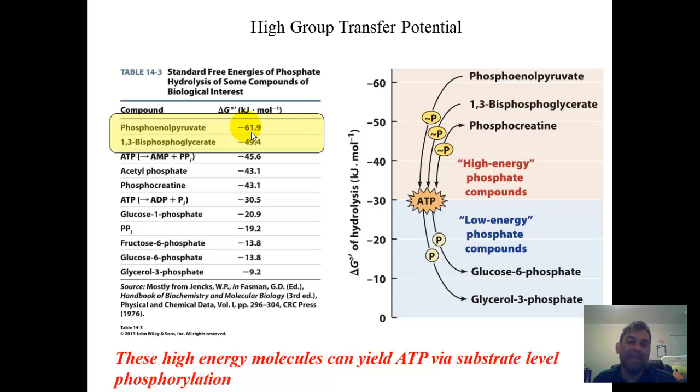So splitting glycolysis or any metabolic pathway into 10 steps is very good because you produce high energy molecules, or molecules with high group transfer potential. Releasing that phosphate group makes that molecule go from a high energy state to a low energy state. That phosphate can then go into making ATP. So a very critical step is the production of high energy intermediaries in glycolysis.